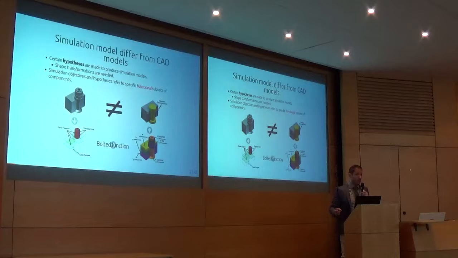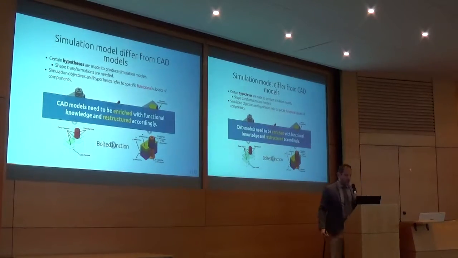So I do need this functional information in order to prepare my CAD model. This would mean that before any geometric preparation can be accelerated or fully automated, the geometric model represented by the DMU needs to be enriched with functional knowledge. To this end, it also would need to be restructured and reorganized to enable the reception of such knowledge.